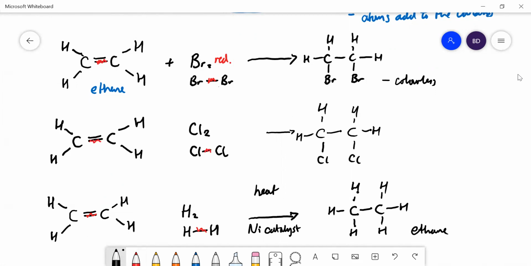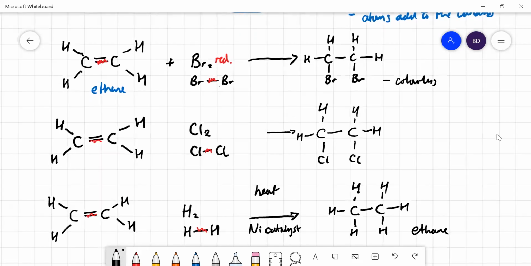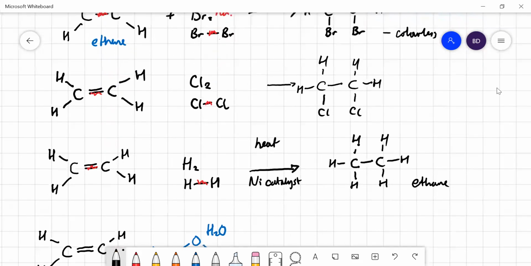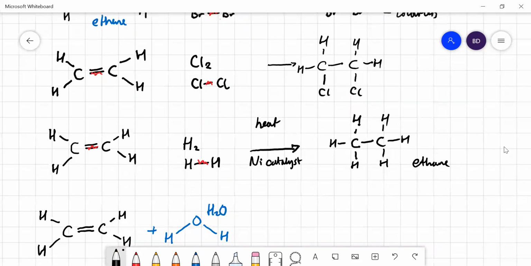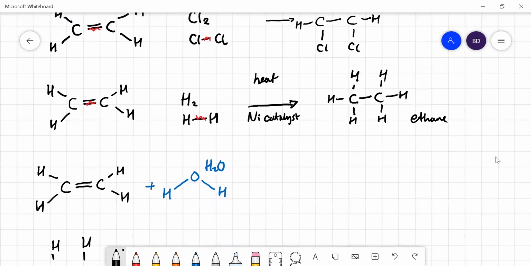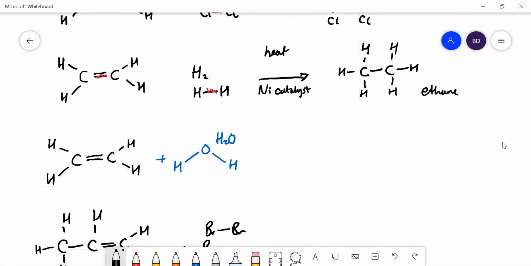Iodine will act in exactly the same way as chlorine. I2 does exactly the same thing, so we won't bother showing that. But what we'll show here is water. Now this is very important. Okay, right, water. Well, we're going to break one of the bonds between the hydrogen and the oxygen, and we're going to break the double bond again.